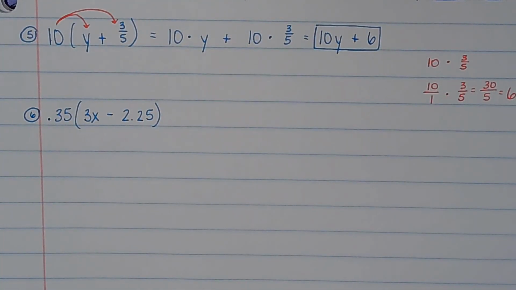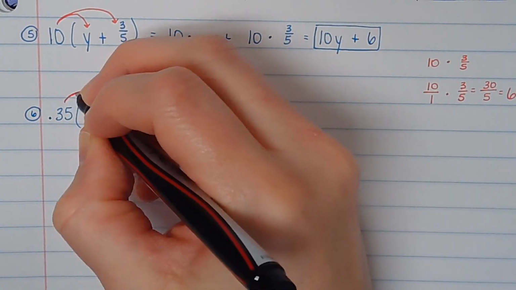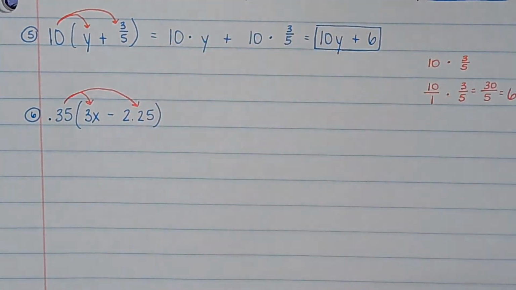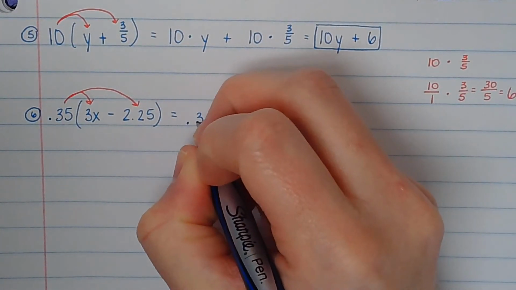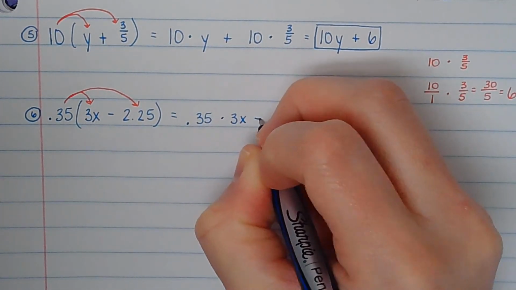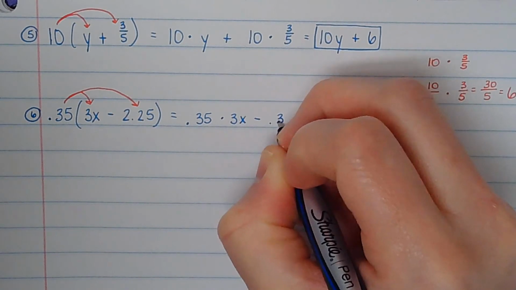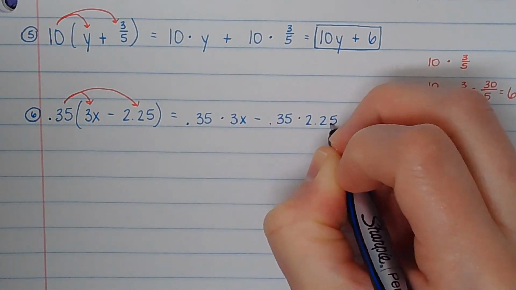You're going to do the exact same thing. Even if it's a decimal out here, you still have to multiply by what's on the inside. So you're going to end up doing 0.35 times 3x minus 0.35 times 2.25.